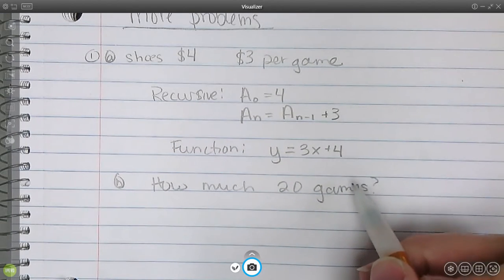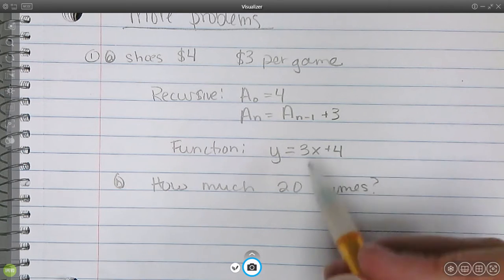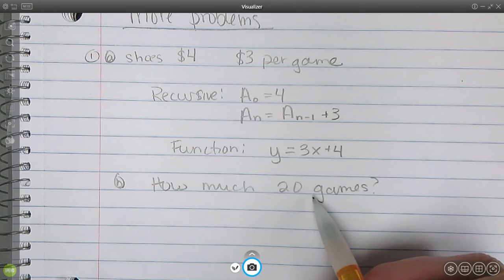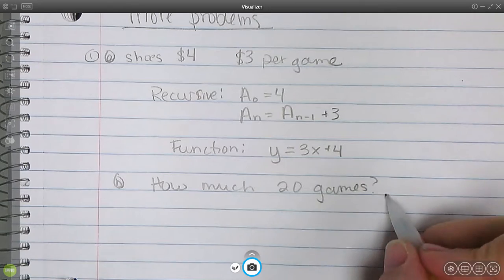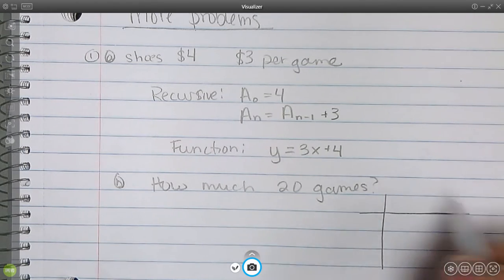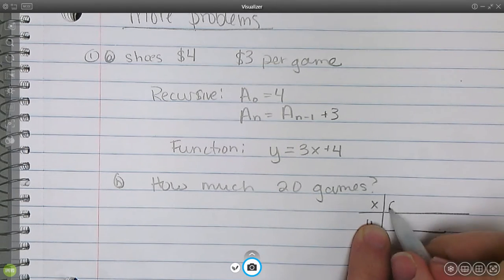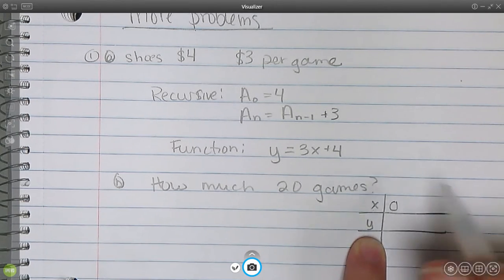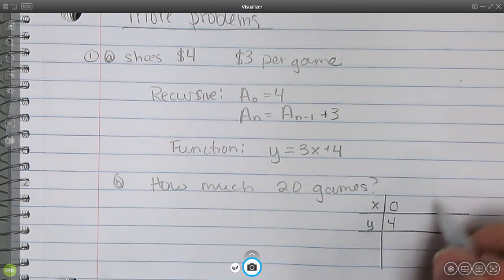So if I take 20 and I plug it in here, so let me back up. Let's say I go to the bowling alley and I buy my shoes and then I decide I don't want to bowl at all. So if I draw this little table, these are my x values, here are my y values. If my x value is 0, that means I'm bowling 0 games. So if I plug a 0 into this, I still have to pay $4.